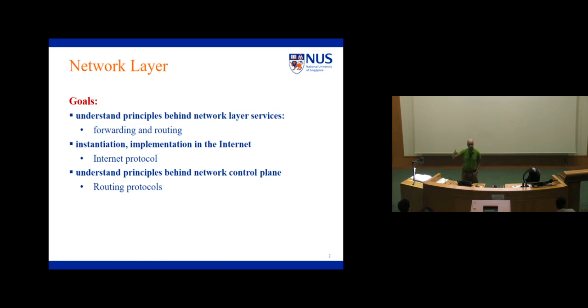Once we know the functionalities we need, we will look at some possible ways of designing or achieving those functions. Then we'll go on to real-life protocols and see how they are actually done in protocols implemented in the internet.